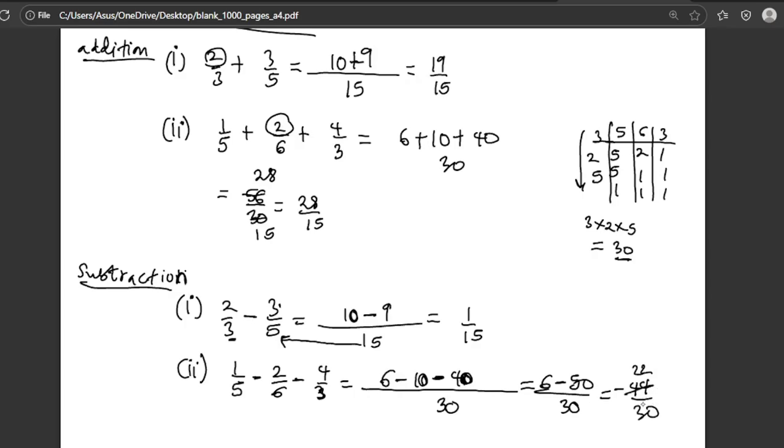Simplifying, 44 over 30 is 22 over 15, so that is minus 22 over 15.